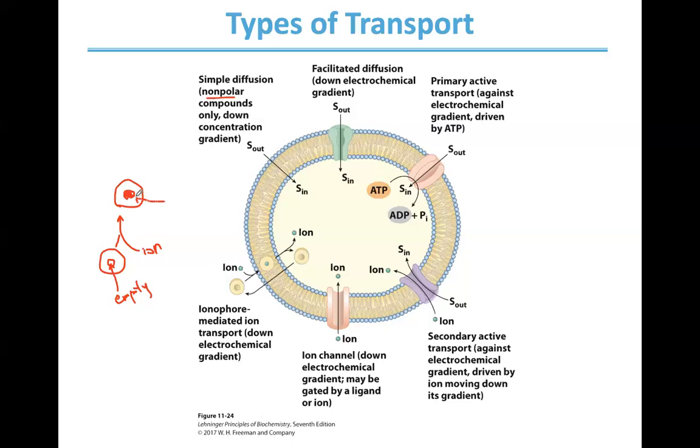Now there's this ion, and then it will cross the cell membrane and release the ion, and the empty ionophore can then go back, ready to bring more ions inside the cell.